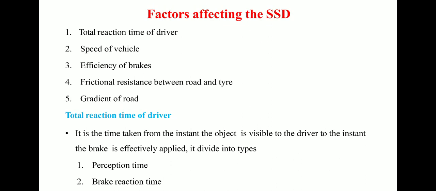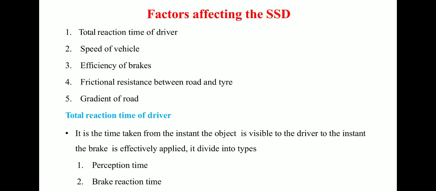So for design purposes, vehicles are always considered for 50% braking efficiency. Then the gradient of the road. There are always two types of gradient on a road, remember: ascending gradient and descending gradient.